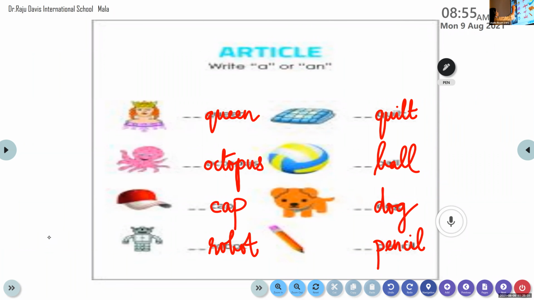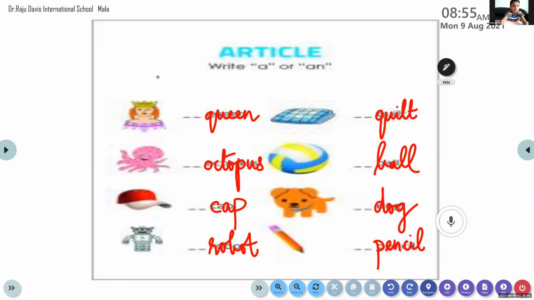Okay, I'll start with Advait. Advait, come on. First, you have to insert a or an before the word. What is the first word here? Advait, are you there? Yes, ma'am. Come on, read the first word. Queen. Queen, very good.